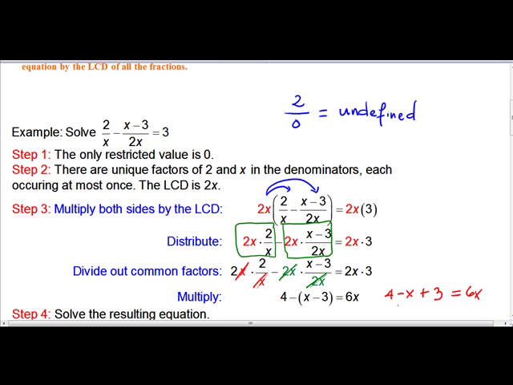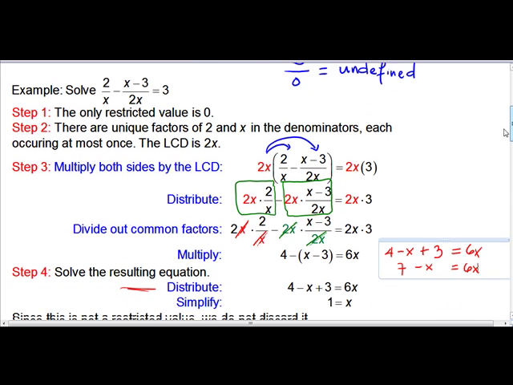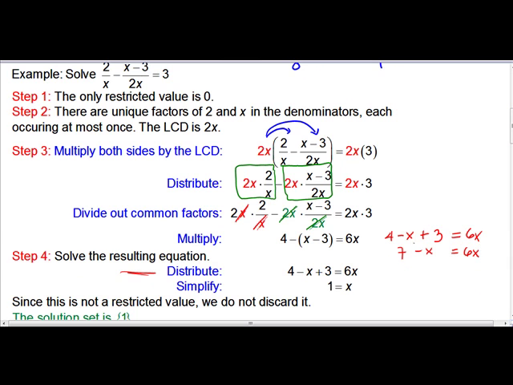Then I have 7 minus x equals 6x. So I'm going to add x to both sides. So I have 7 equals 7x.